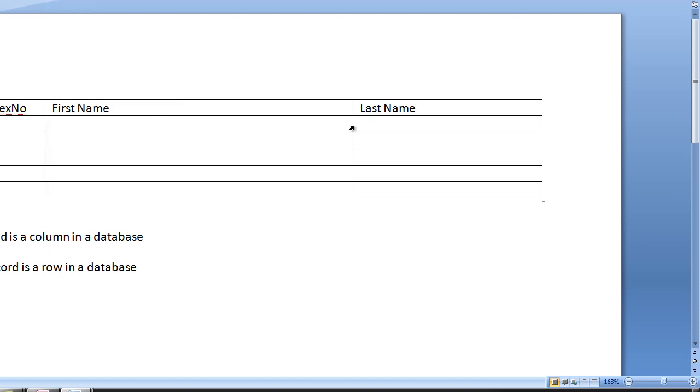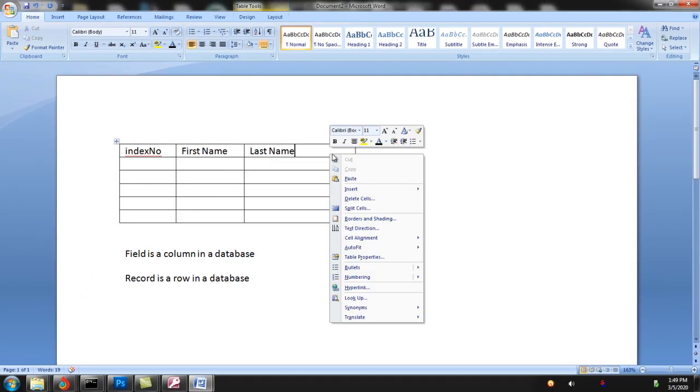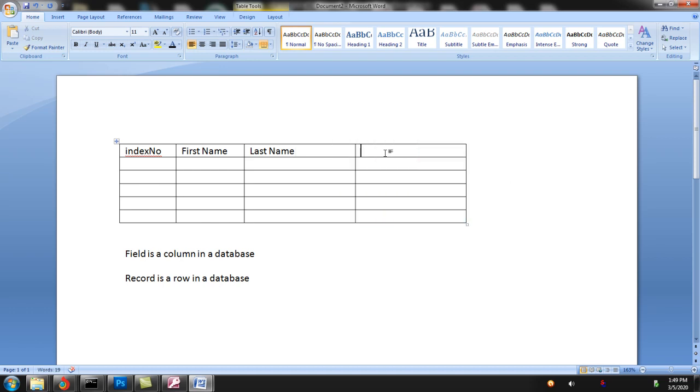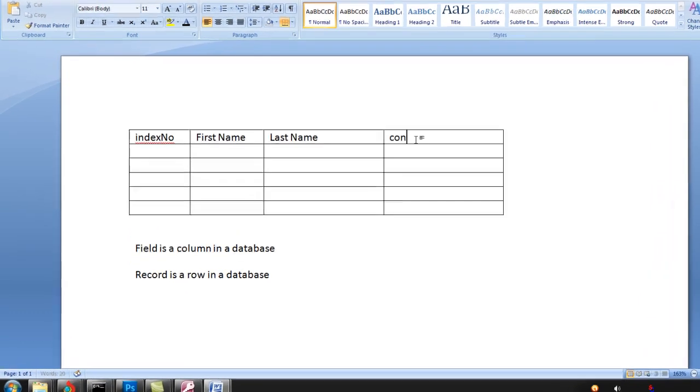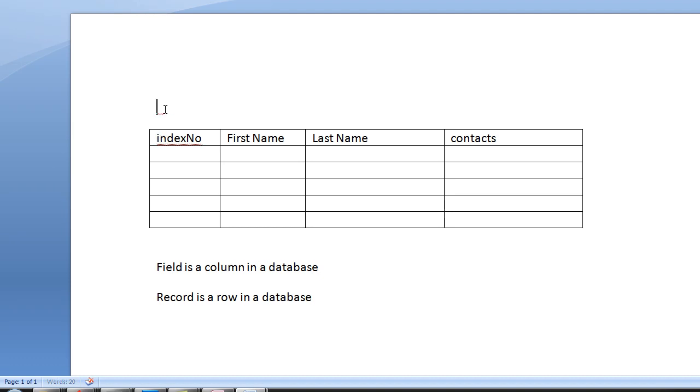If you design a table in this format, let's create another column for contacts. So this table can be used to store details of a student. It's a table to store students' data.